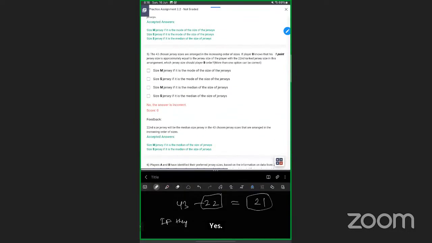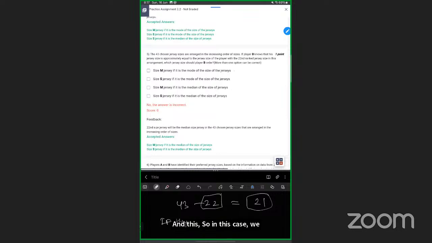In 5 they are saying M jersey if it's median of size of jerseys. There is 43 chosen size. If player B knows that his jersey size is approximately equal to the jersey size of the player with 22nd rank, which jersey size should he order? So in this case, we want a median.